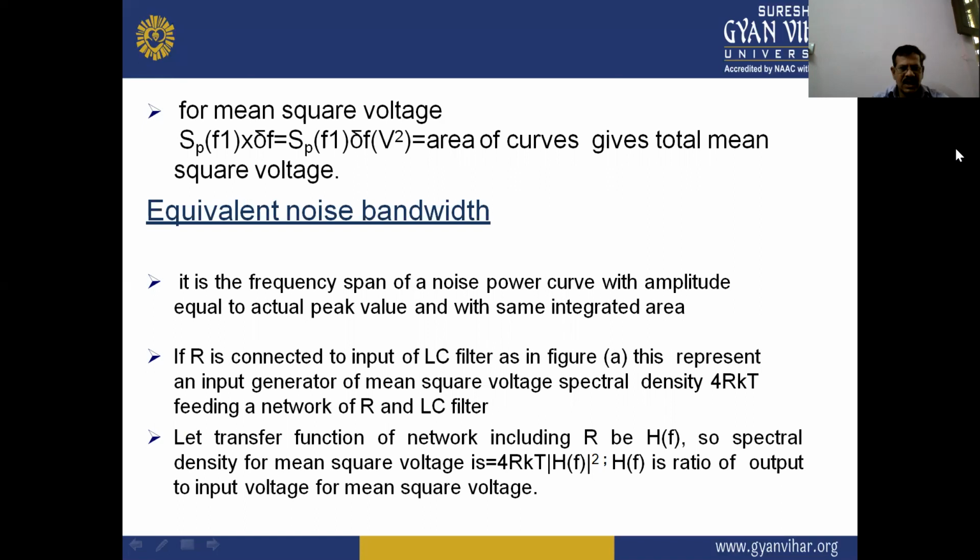So the transfer function of the network including R is H(f), so the spectral density for mean square voltage is 4kTR times H(f) square. H(f) is the ratio of output to input, or the transfer function for the voltage of mean square voltage.